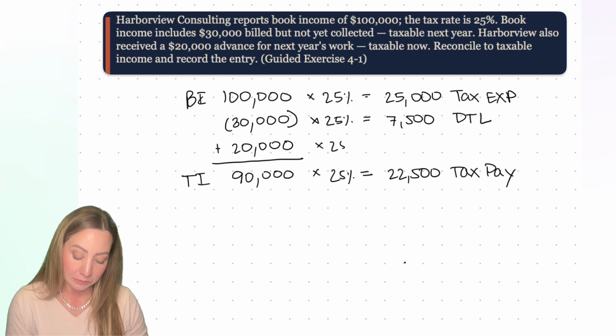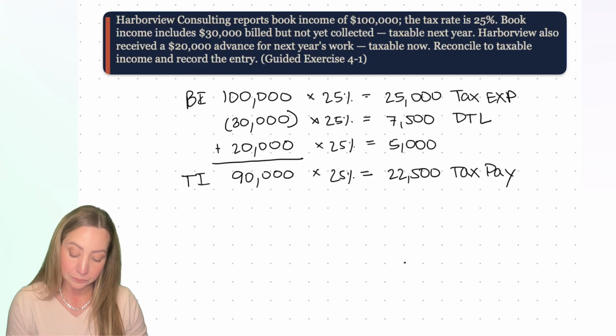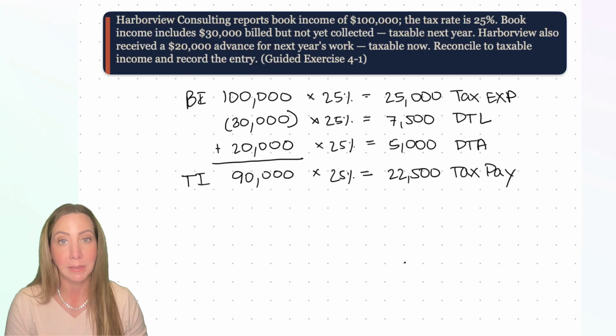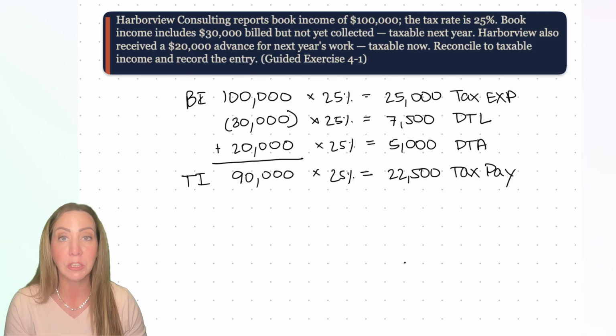And then this one, also multiplying it by 25%, gives me a DTA of $5,000. And it's a DTA, an asset to me, because I'm going to go ahead and pay the taxes on this $20,000. And then in the future, when I actually recognize it in book income, I won't have to. It's an asset that will offset my tax expense in the future.